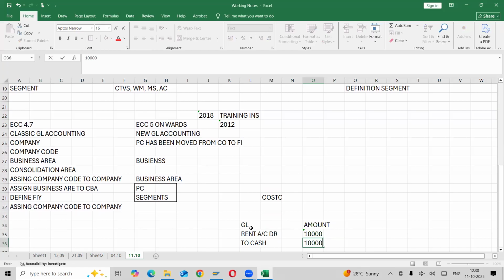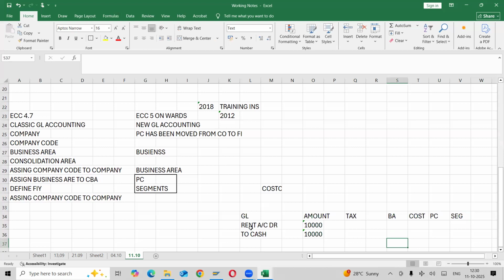Then it will ask for tax codes, if you have any. Next it will ask for your business area, your cost center, profit center, and segment.